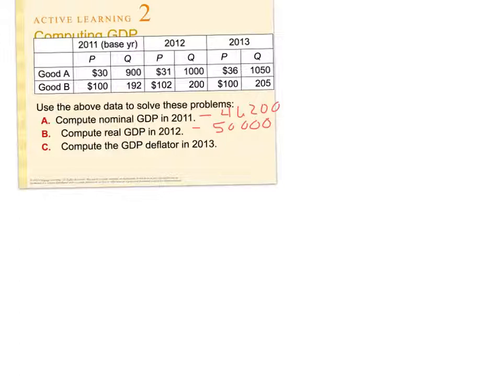So in 2013, we have our price. We're going to do nominal first. We're going to take the prices that are given in the problem and use them because it's nominal.